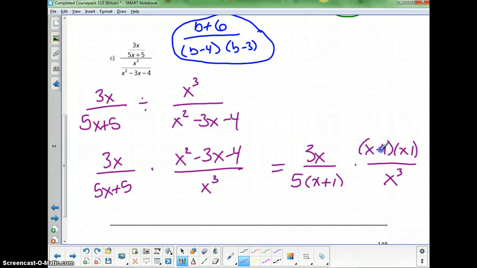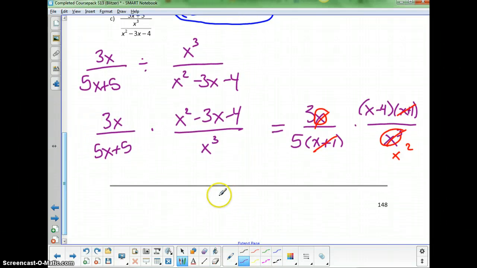The 4 is going to have to be negative to make it negative, so that makes the 1 positive. Okay, the x plus 1's cancel. These are monomial terms, so this x will cancel into the x to the third and leave me with an x squared. So my final answer on this one is going to have a 3 on the top, and an x minus 4 on the top, and a 5x squared on the bottom.